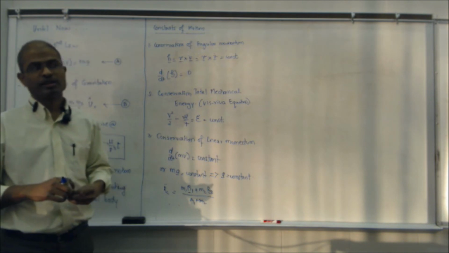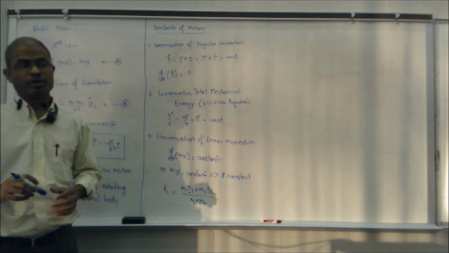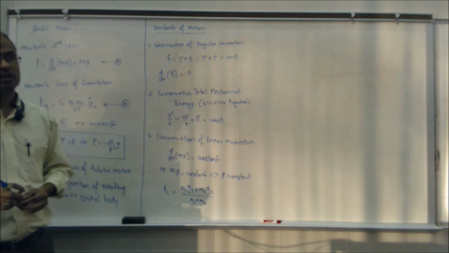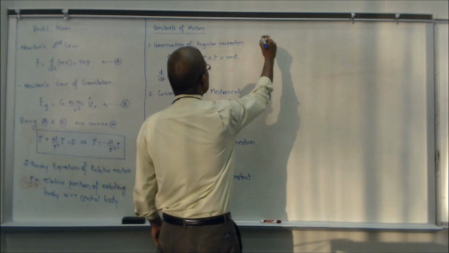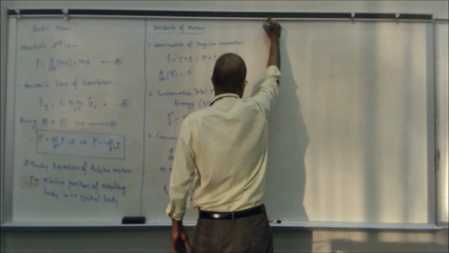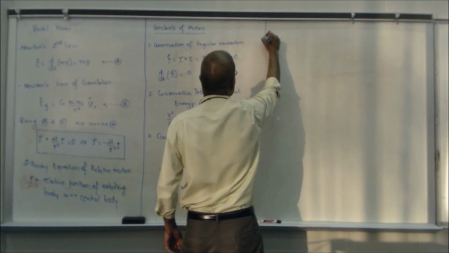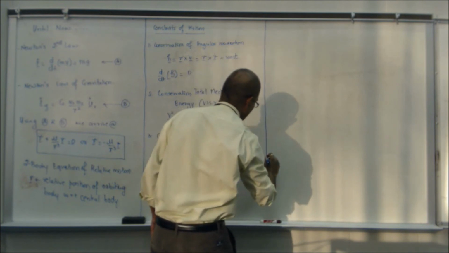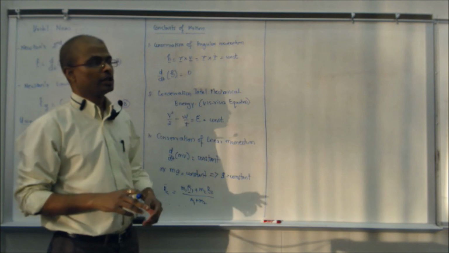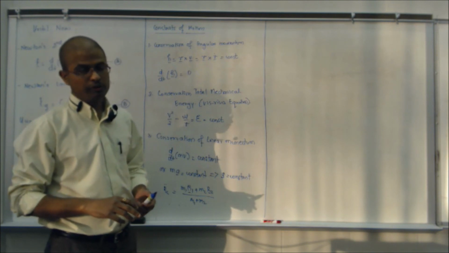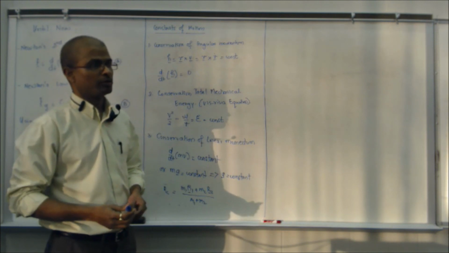Not space station and the Earth. See, two-body problem, what are the assumptions we made? M1 is really, really big compared to M2. So you have to think about Earth and space station. That would be a two-body problem. Even any two bodies has a two-body problem.